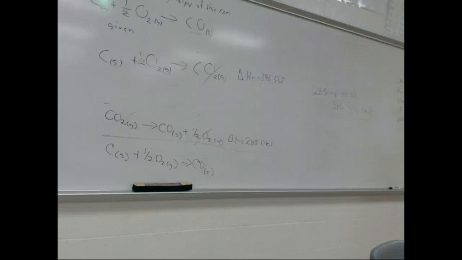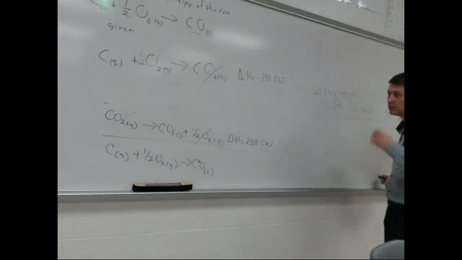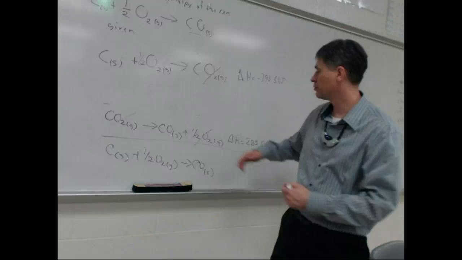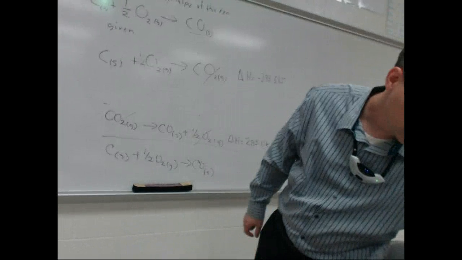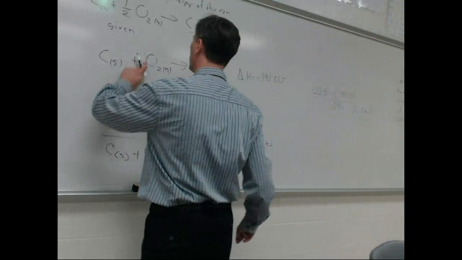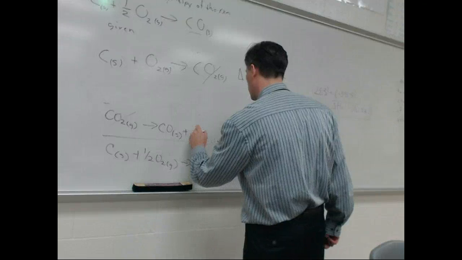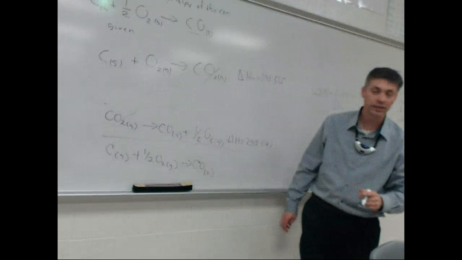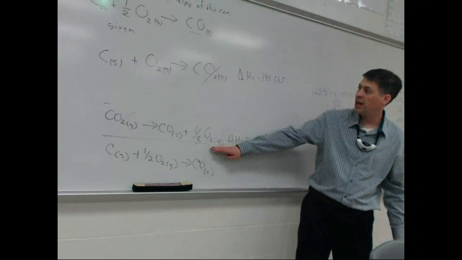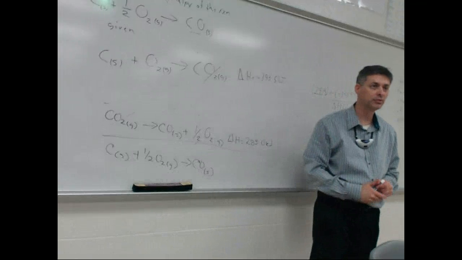Do I need to put it back to what it was to begin with so you can see? This was just O2. This was 1/2 O2. So this 1/2 cancels half of this, and you end up with 1/2 O2.